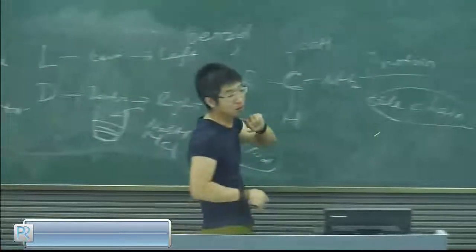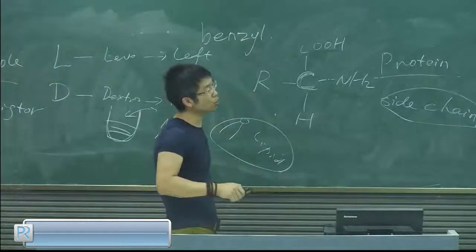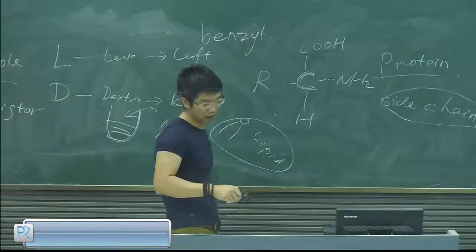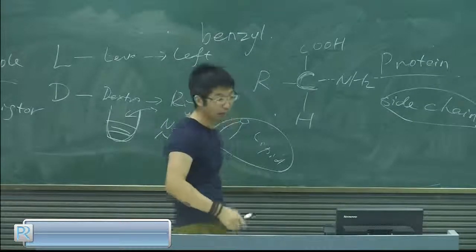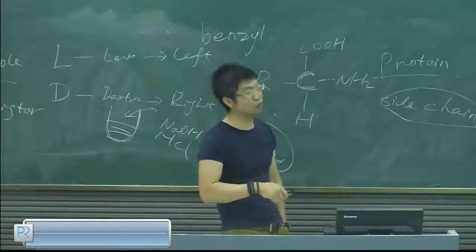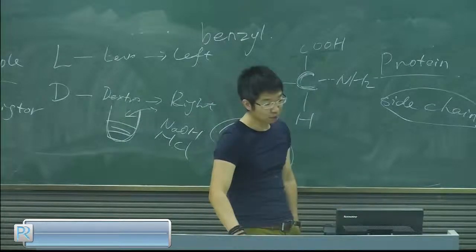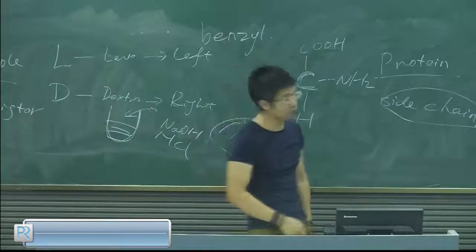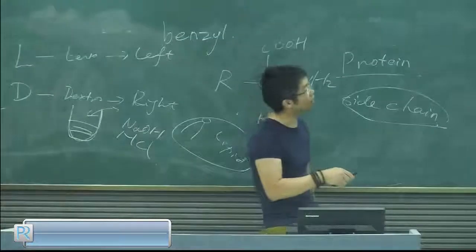So two different groups can be ionized. Here is the general structure for the amino acid. The first one is glycine.